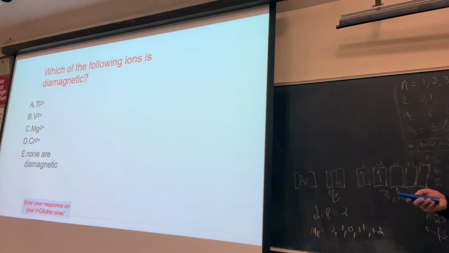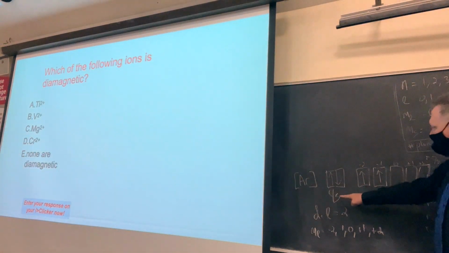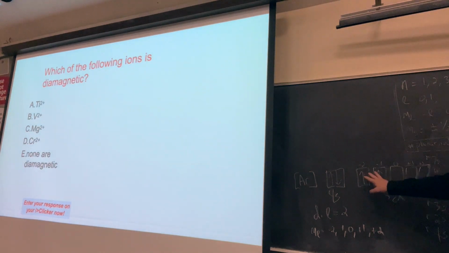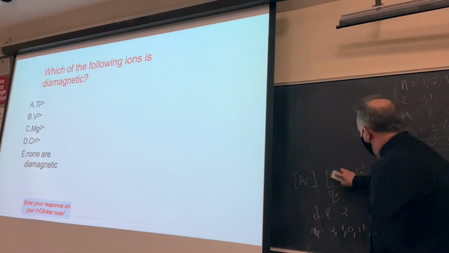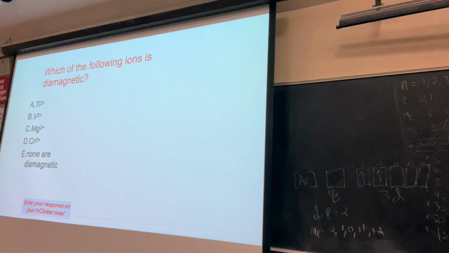If you're taking away electrons from a transition metal, the highest n always goes first. So even though it's tempting for titanium to take these away and make it diamagnetic, what actually happens when you make titanium 2 plus is that the 4s electrons go away and you end up with a 3d2 configuration.